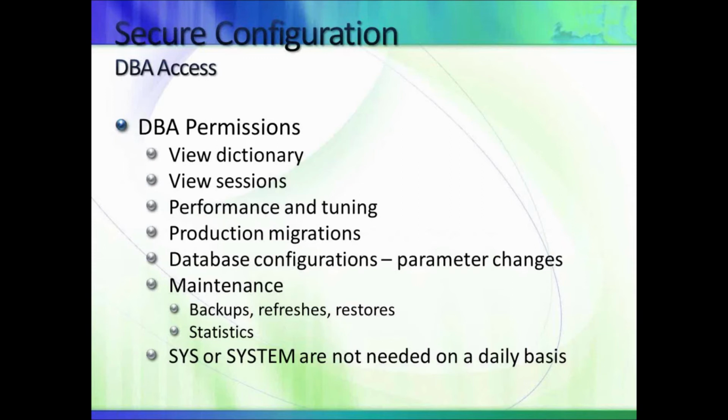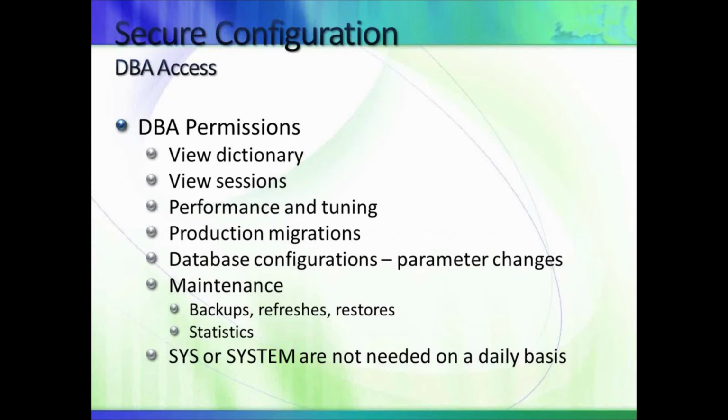You need the view of the dictionary to possibly look at information. You want to view sessions, and then of course the pieces of information where you're actually looking at performance tuning and being able to see what is running against the database. You may need to do some production migration, so you might need DBA permissions to be able to roll something out in someone else's schema.